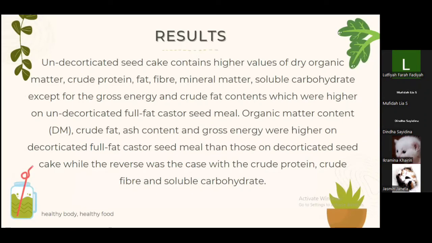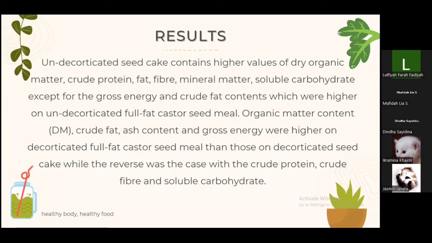And for the result, undecorticated seed cake contains higher values of dry organic matter, crude protein, fat, fiber, mineral matter, soluble carbohydrate, except for the gross energy and crude fat contents, which were higher in undecorticated full-fat castor seed meal.